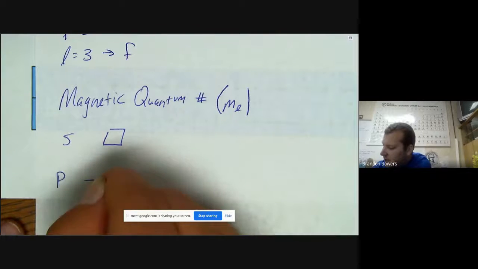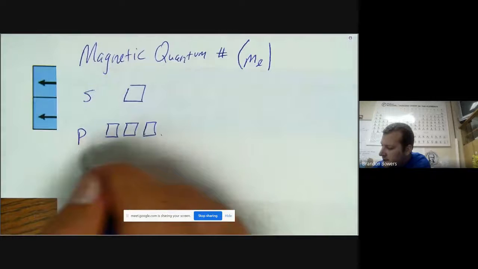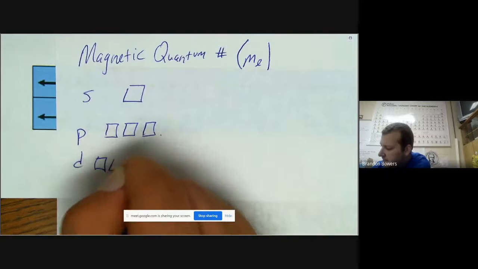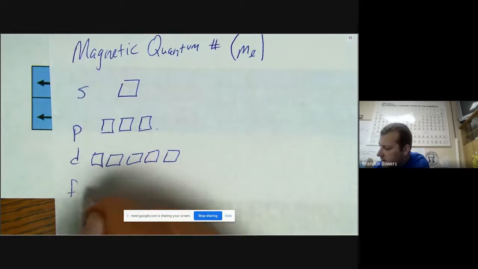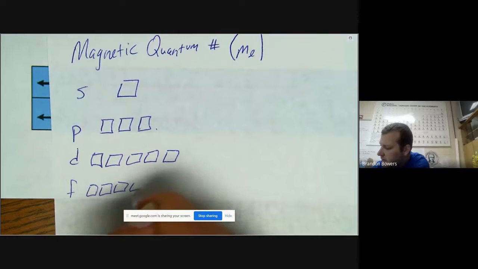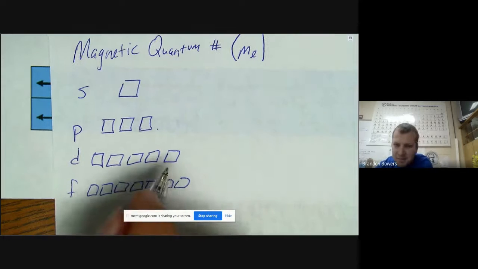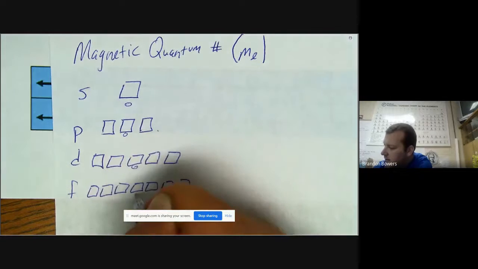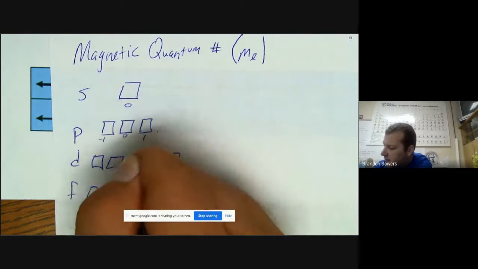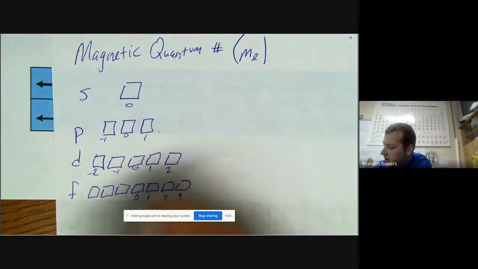For any P, we draw 3 boxes. For any D, we draw 5 boxes. And for any F, we draw 7. When we have these boxes, the middle number is always 0, and then you just count 1, 2, 3 to the right, and -1, -2, -3 to the left.